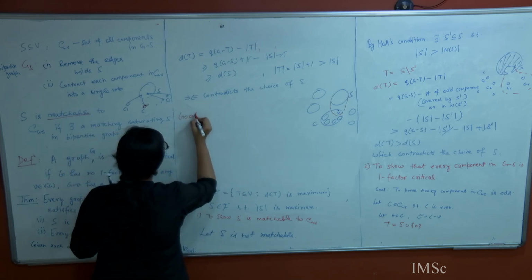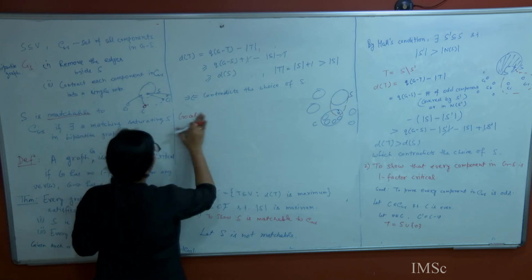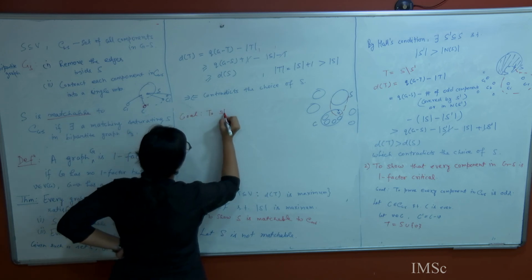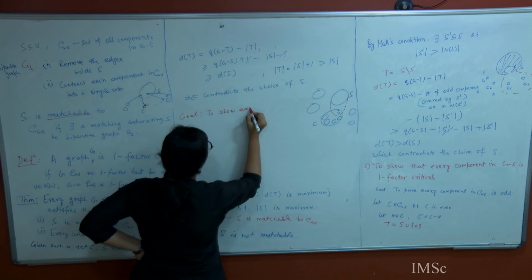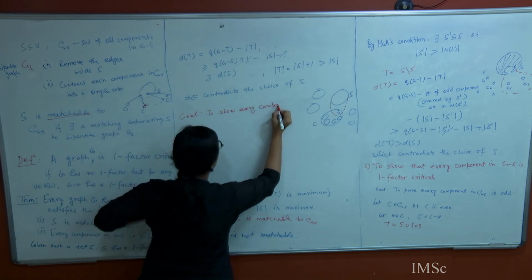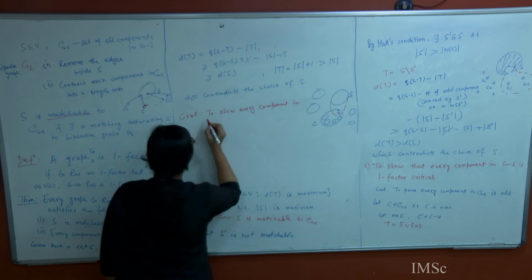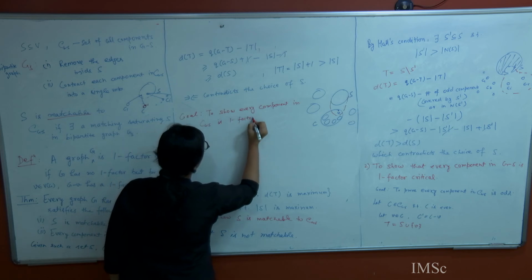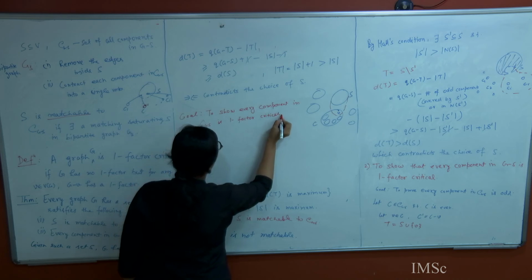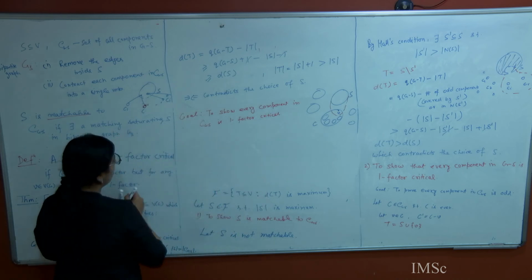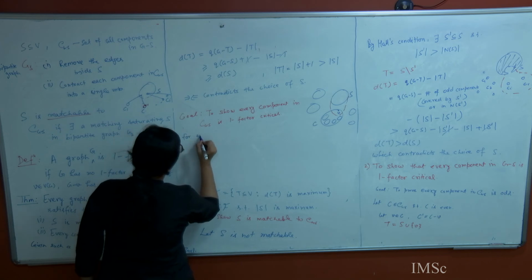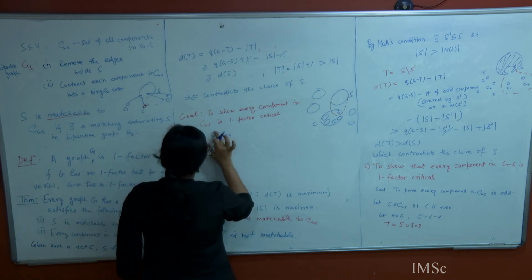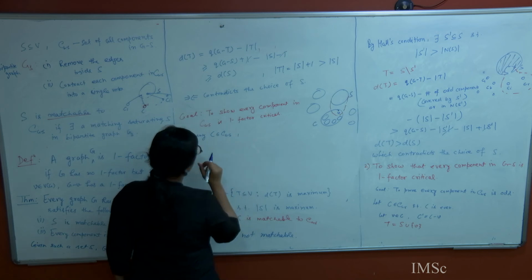Let us write again what we want to show: every component in C of G minus S is one-factor critical.